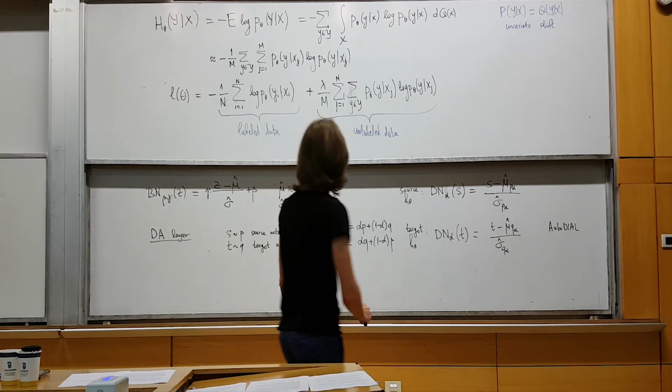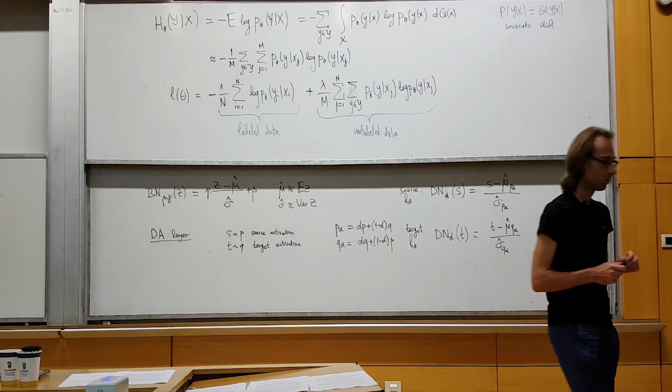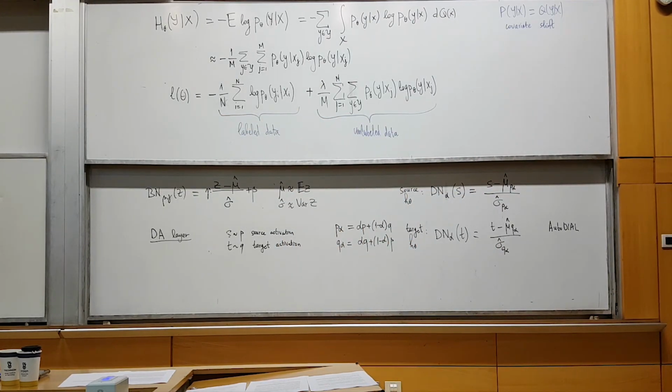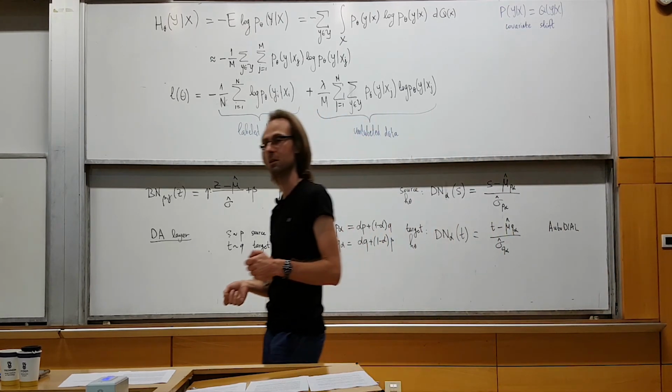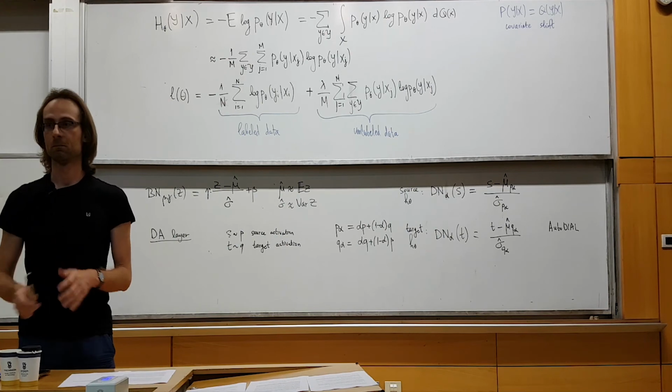So it's some trade-off. If you don't put any prior term, you're going to do an excellent job on the source data, but you might be doing a terrible job on the target data. Right? So basically, the second term in the loss is essential to get good performance on the target data.